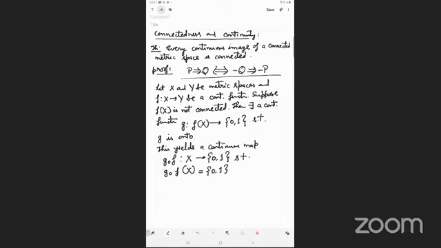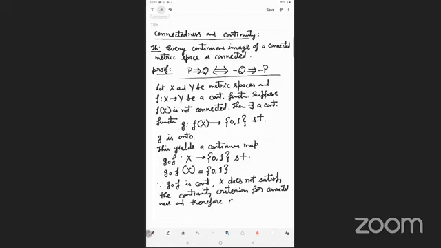Since g∘f is continuous, X does not satisfy the continuity criterion for connectedness, and therefore is not connected.